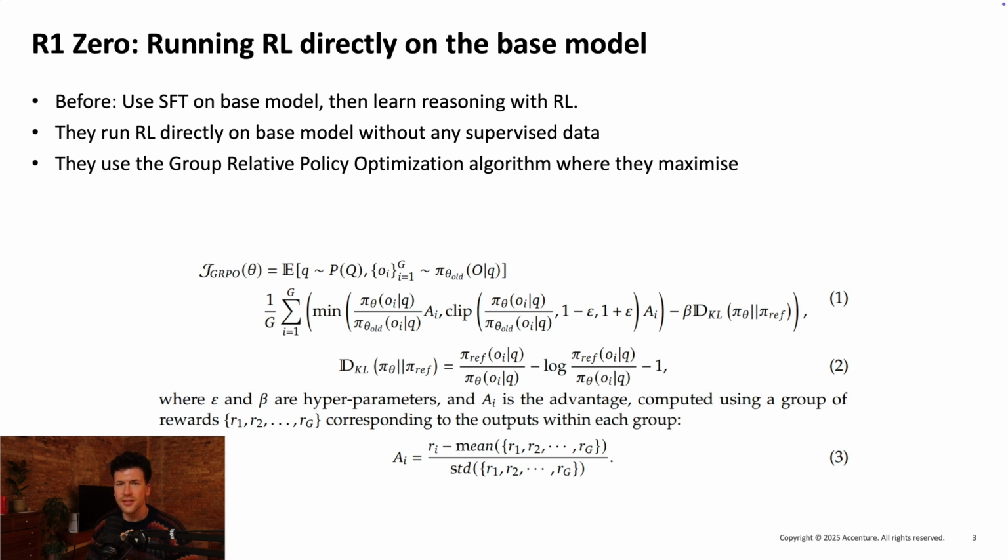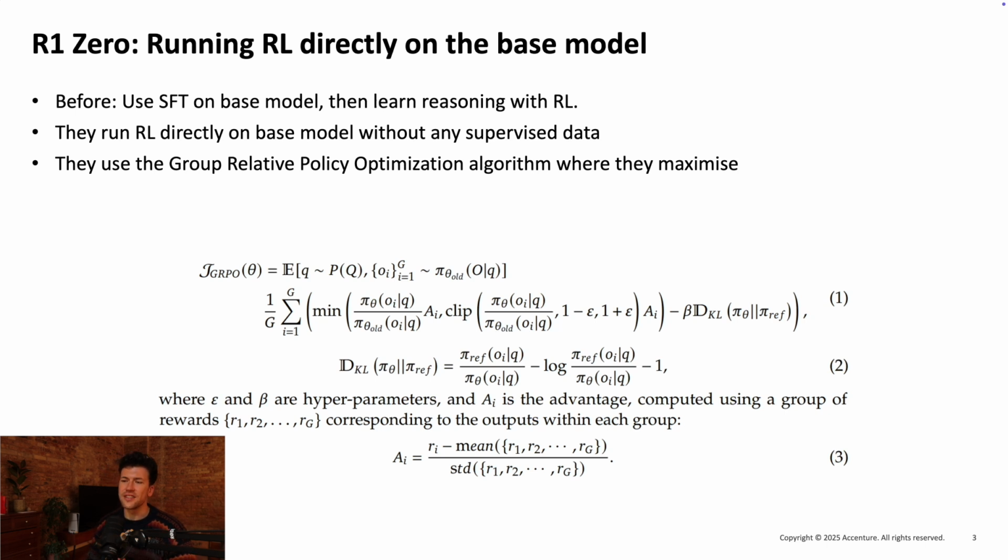Before, the usual steps were to pre-train your model, get a base model, then fine-tune this model with supervised fine-tuning, and then afterwards use RL to learn the reasoning. But instead of using supervised fine-tuning, they directly applied RL on the base model without any supervised data. And they used the Group Relative Policy Optimization algorithm. It's an algorithm they invented themselves.